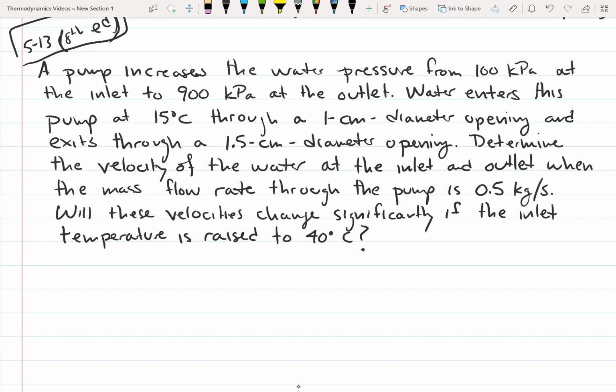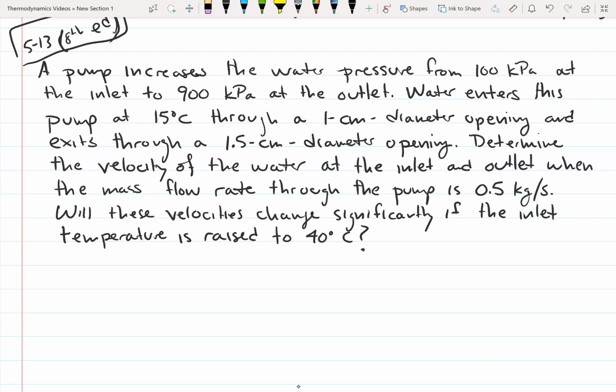So it says a pump increases the water pressure from 100 kilopascal at the inlet to 900 kilopascal at the outlet. Water enters the pump at 15 degrees Celsius through, and then it tells us the diameter of the opening, and exits through, and then it tells us the diameter of the opening. We want to determine the velocity of the water at the inlet and outlet when the mass flow rate through the pump is 0.5 kilograms per second.